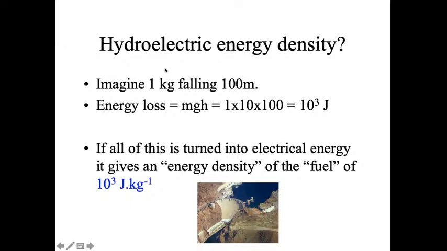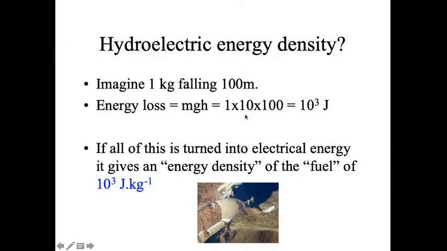Hydroelectric energy density. Imagine 1 kilogram of the water in the dam falling 100 meters. Then we're going to lose energy as potential gravitational energy equal to mass times gravity constant times height. So the mass of 1 kilogram of water, obviously 1 kilogram.